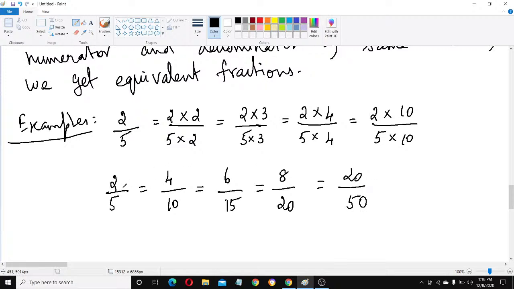So all these fractions are equal, children, so you have to use equal to symbol. Here 2 by 5, 4 by 10, 6 by 15, 8 by 20, 20 by 50, all these are equivalent fractions.